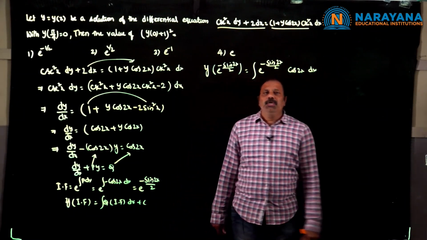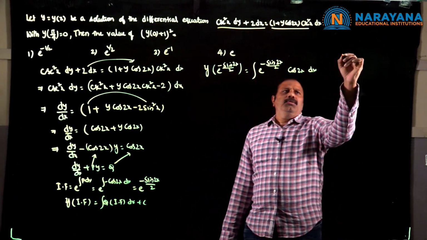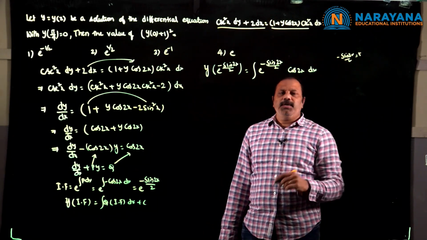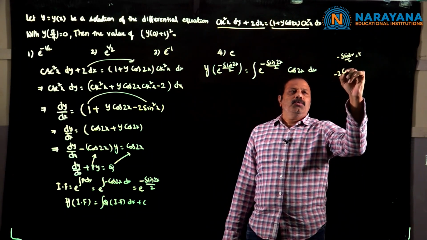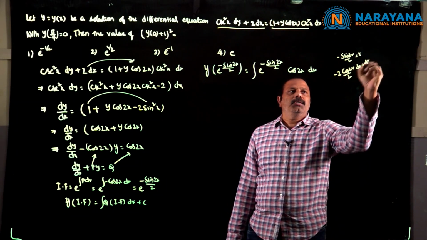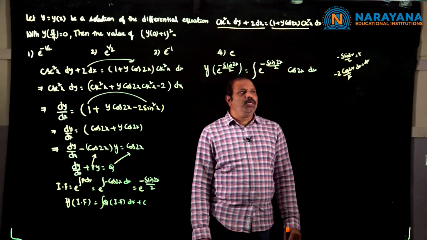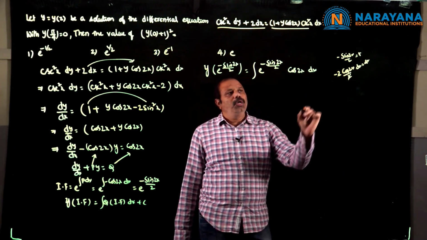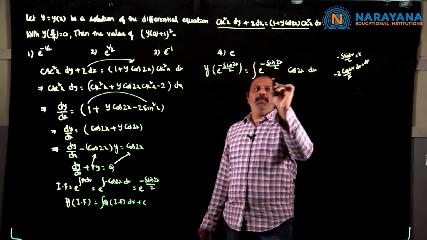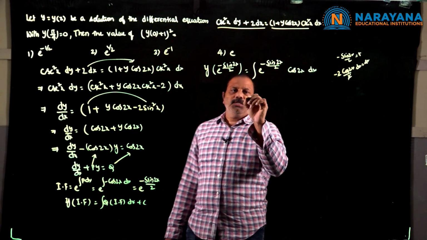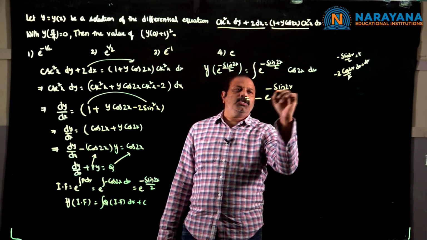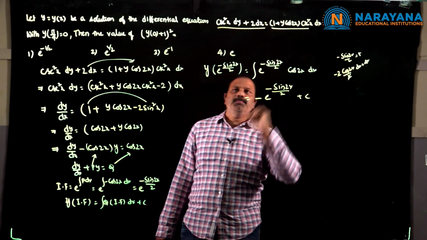Cos 2x dx. Suppose I take minus sin 2x by 2 equals t, then minus 2 cos 2x by 2 dx is nothing but dt. So minus cos 2x dx will become dt, therefore cos 2x dx will become minus dt. It is looking like e power t dt, hence its answer is minus e power minus sin 2x by 2 plus c.